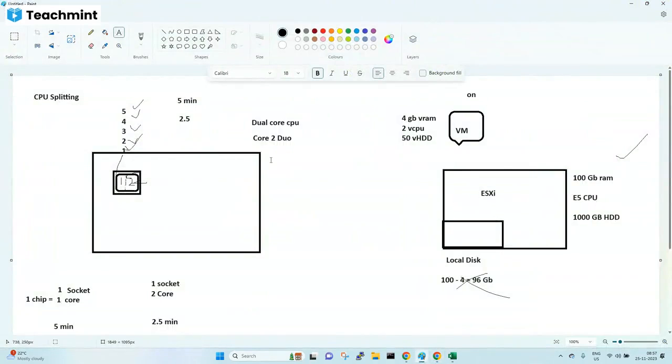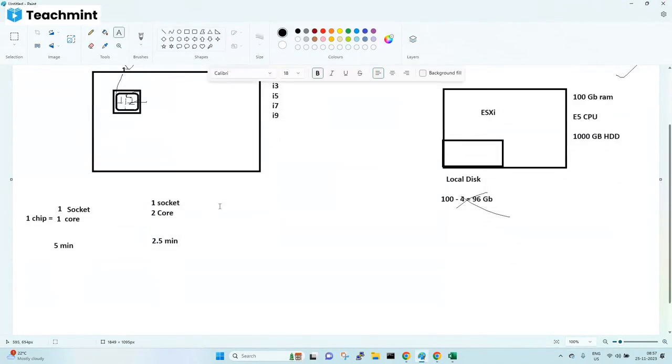After that came i3, i5, i7, and nowadays i9 is also available. These 2 cores were again logically split into 4. Now how many sockets, how many cores? 1 socket and 4 cores. 4 instructions at a time will execute.